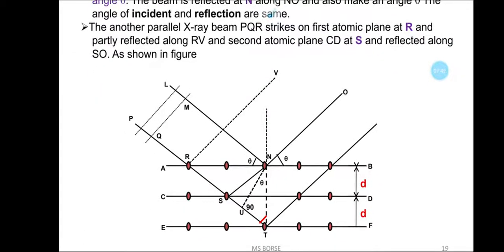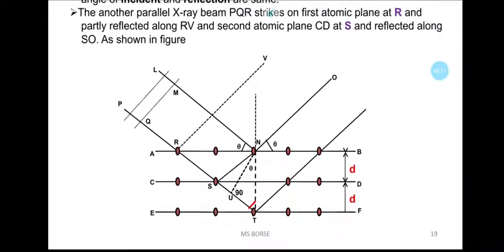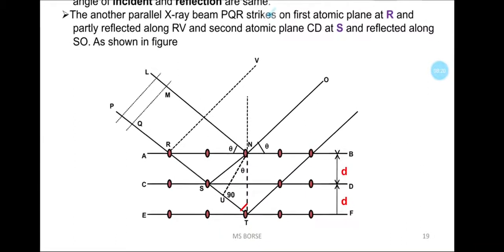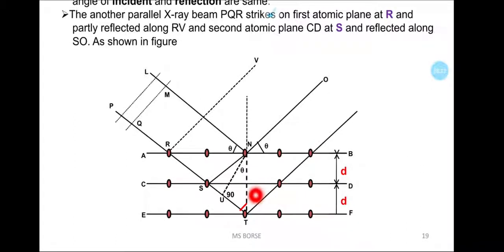This beam again penetrates and strikes the second plane CD at point S and is reflected along SO. Then it again penetrates into the third plane EF and is reflected at point T in this way.